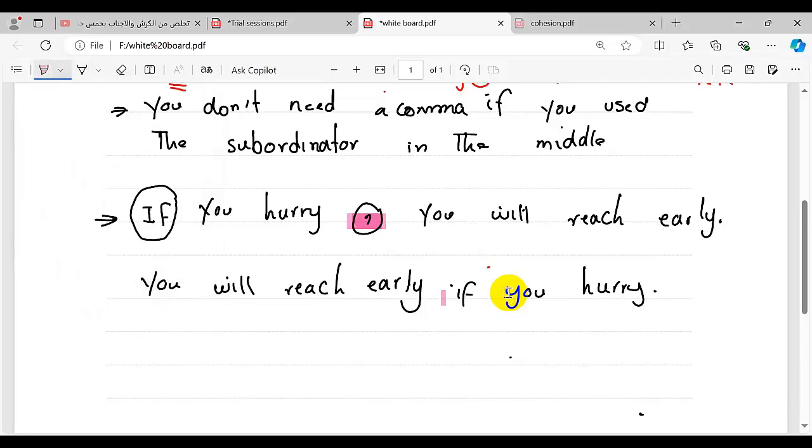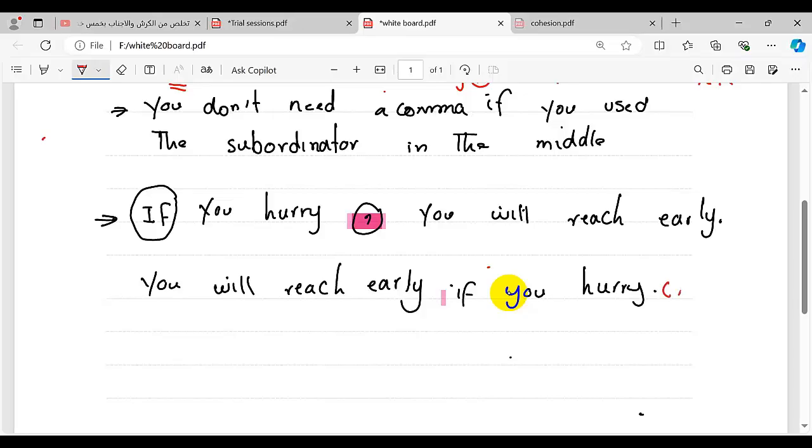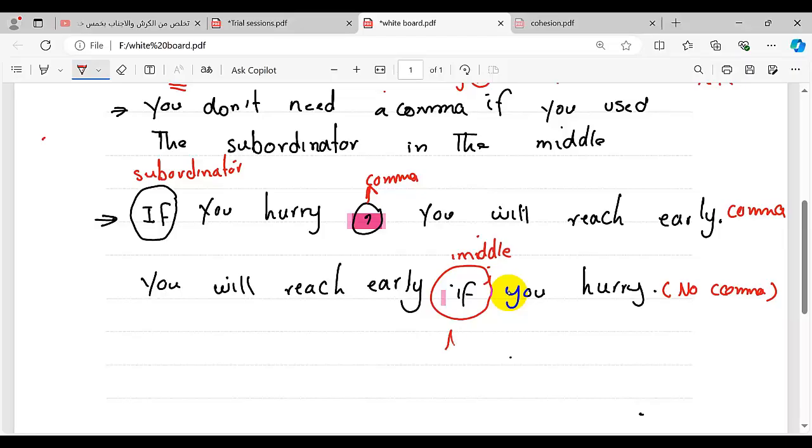In the second example, we don't need a comma. No comma in the middle. And here there must be a comma in the middle. The reason is I used the subordinator in the beginning, so there should be a comma in the middle. But here I used the subordinator in the middle, so no comma will be used.